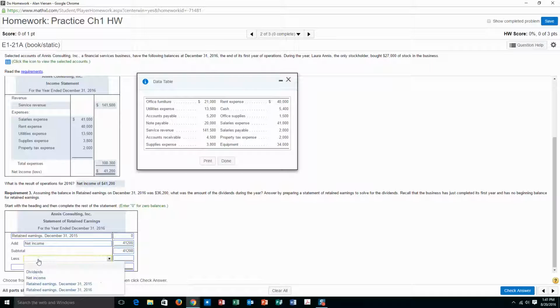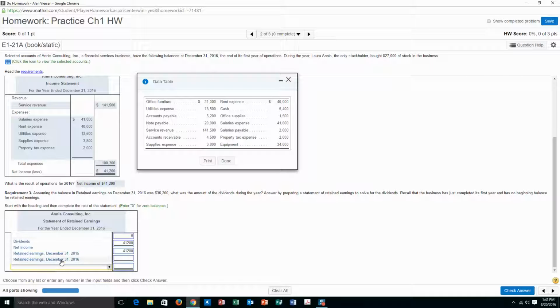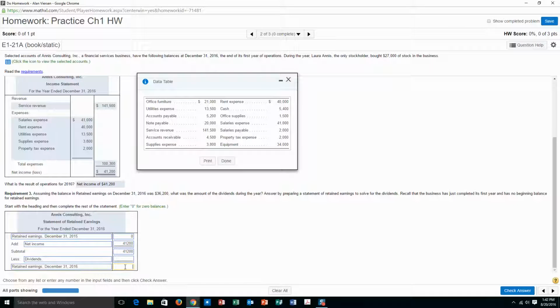so 41,200, less the amount of dividends that we have. Now, sometimes in accounting, it asks you to do these little like numbers game. It's an equation. And it's telling us, okay, well, we don't know what the dividends are, but we know the ending retained earnings is 36,200. So this is like an algebraic equation. 0 plus 41,200 equals 41,200 minus x equals 36,200.